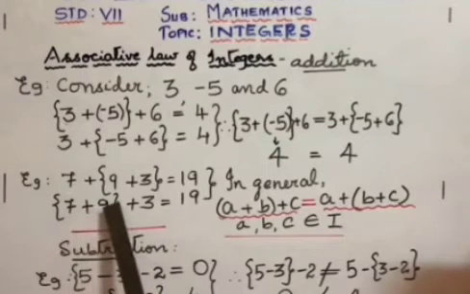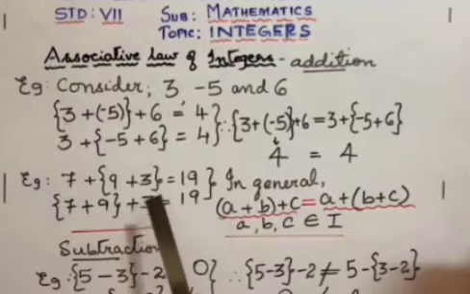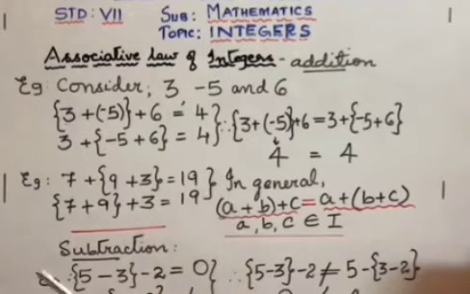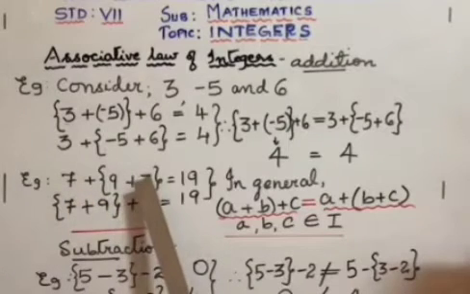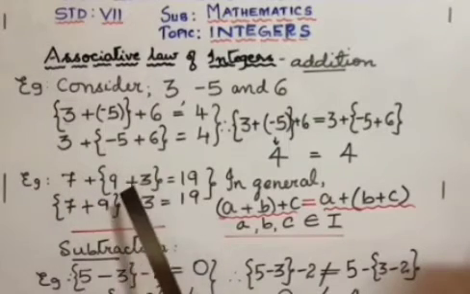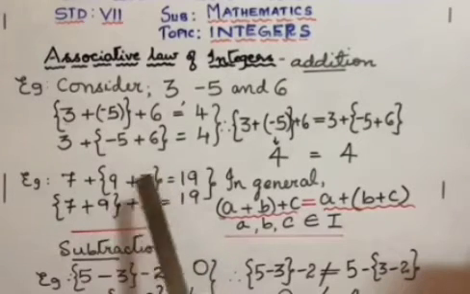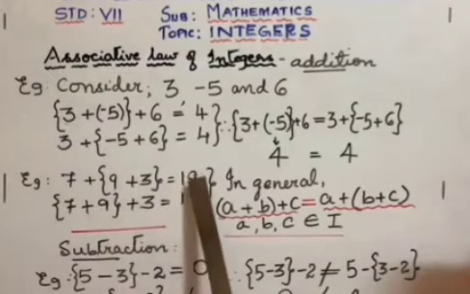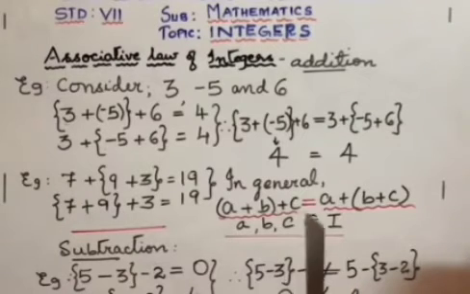So 7 plus 9, how much, children? 16. What is 16 plus 3? Yes, it's 19. So, however you have grouped, we have not taken different integers, the same integers, the grouping is different, that's all. But the result, what is the sum? Sum remains the same. Sum remains unaltered.